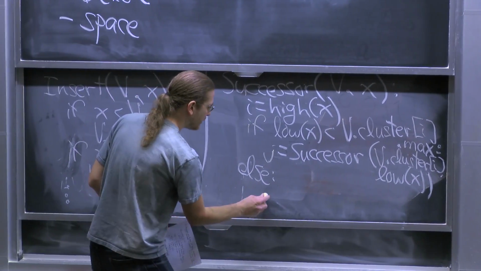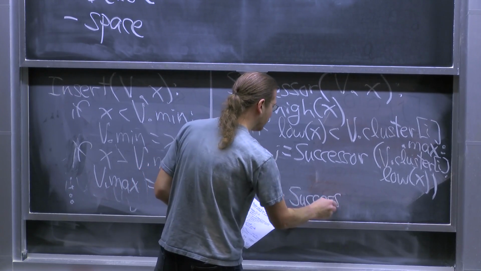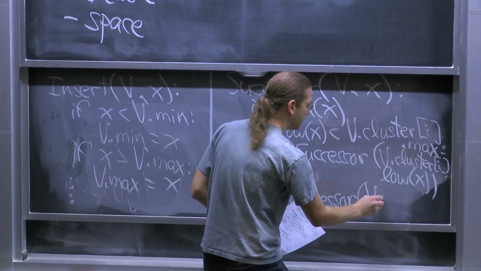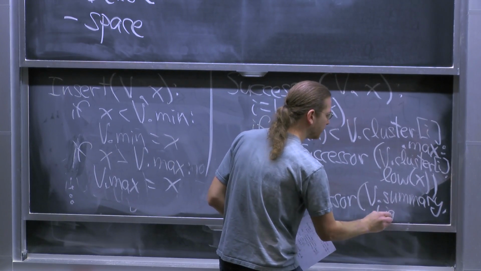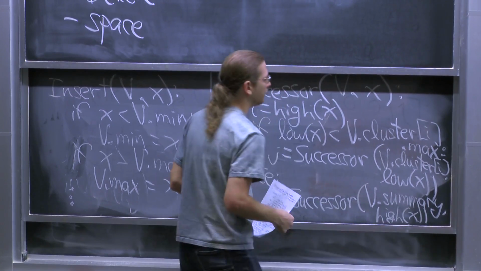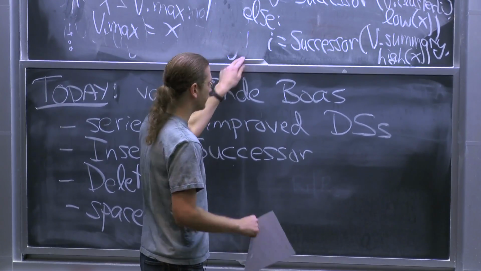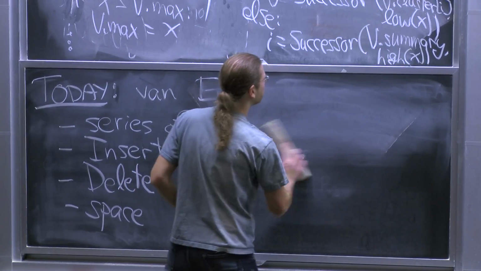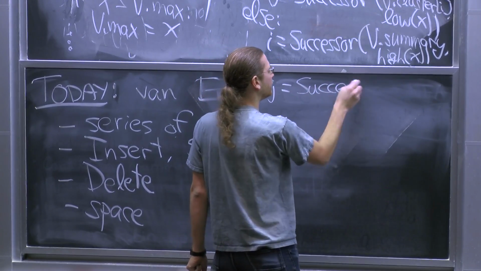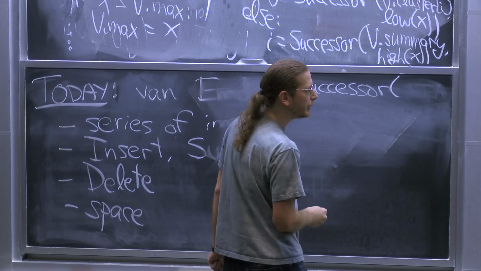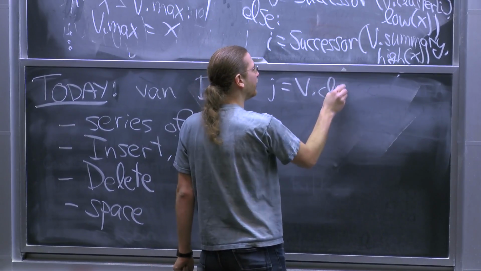So this is going to be i equals the successor within v.summary of high of x, and then j is that line, sorry, the line that I used to have here, which is going to be v.cluster[i].min.